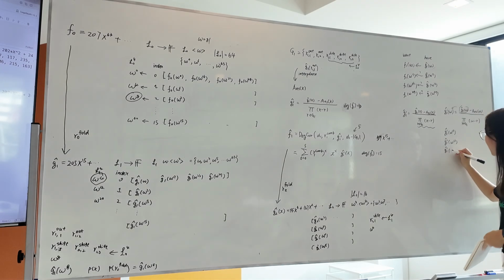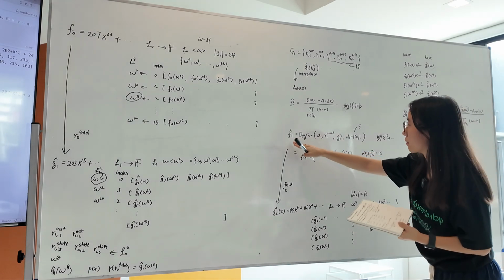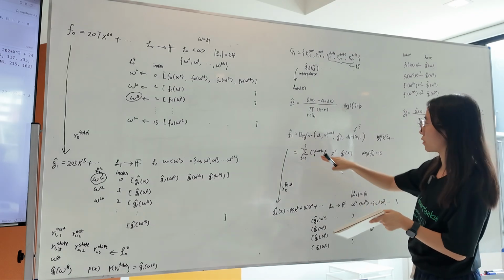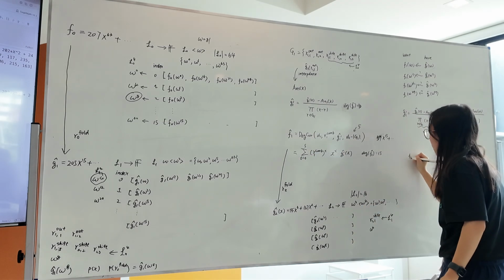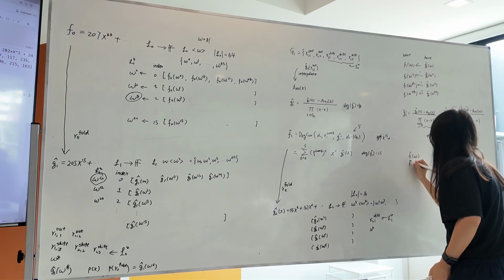Okay. When he gets these 4 values, he will use this formula to get F1 hat omega.